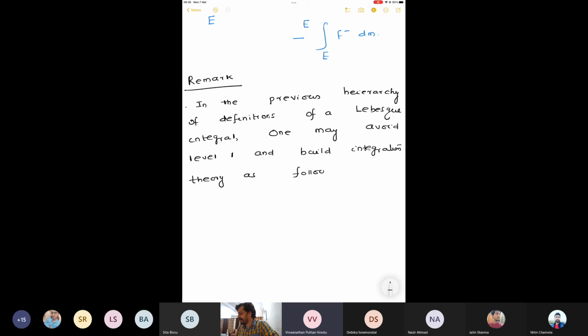As I told you, level 1 I included only for giving you a feel that the Lebesgue integration exactly mimics what happens in Riemann. Okay.